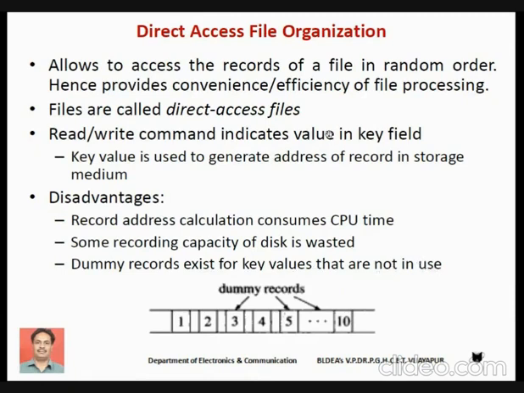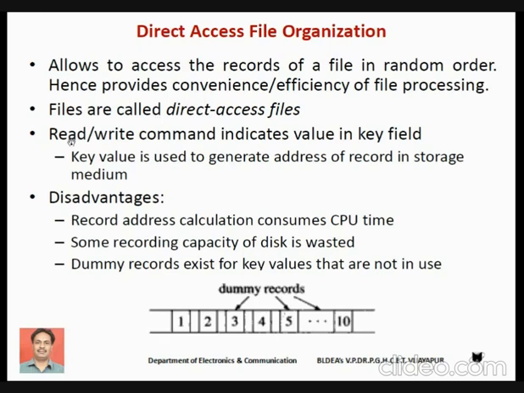So this is all about direct access file organization. Remember, students, in direct access file organization, the records of the file can be accessed randomly. You can directly access any record randomly. Hence, it provides better convenience and also efficiency for processing of the files. Such files are also referred to as direct access files.